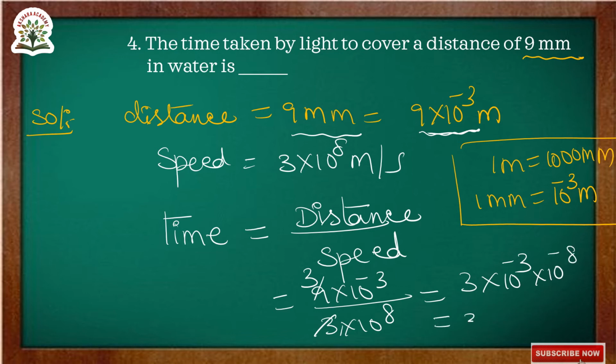So 3 into 10 to the power of minus 3 minus 8, that is minus 11. So this can be written as 3 into 10 to the power of minus 11. Next we write time is equal to 3 into 10 to the power of minus 11.